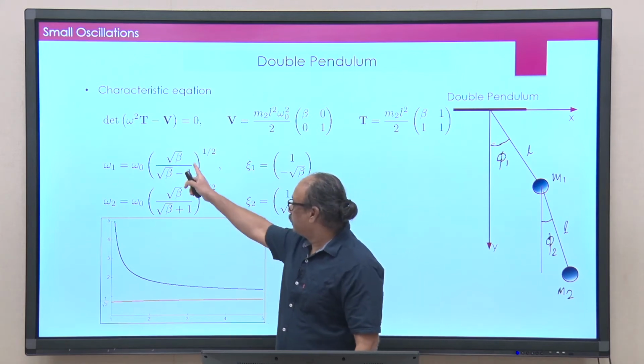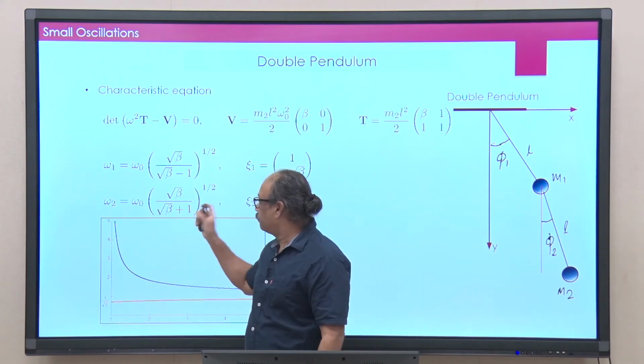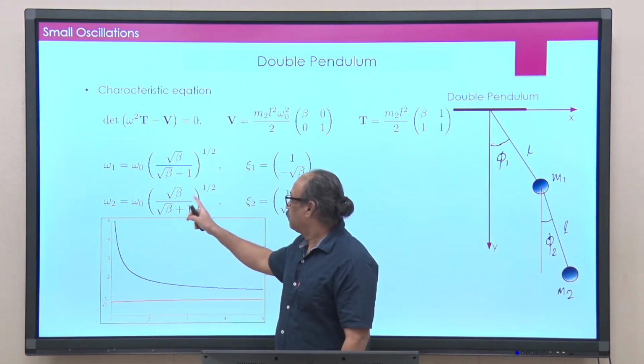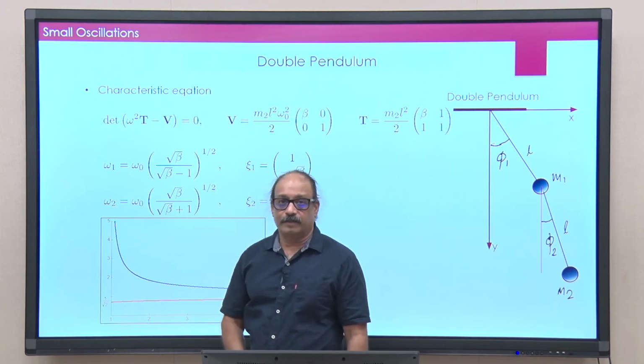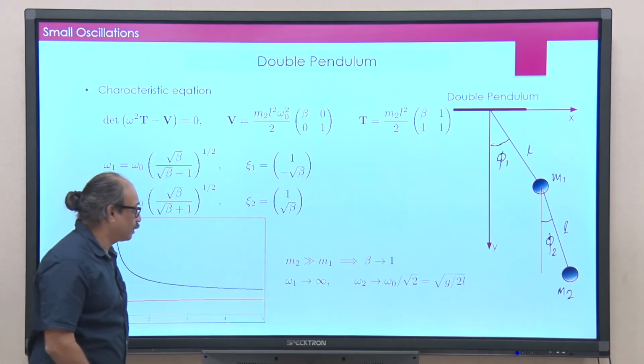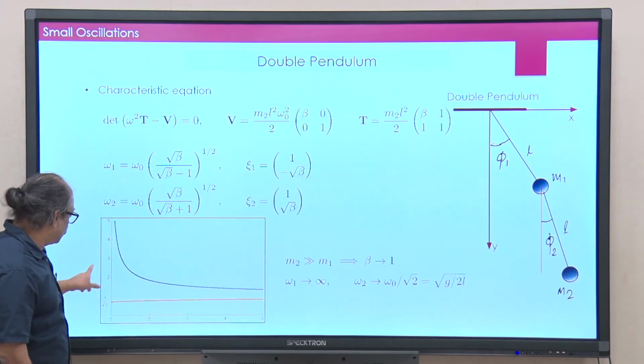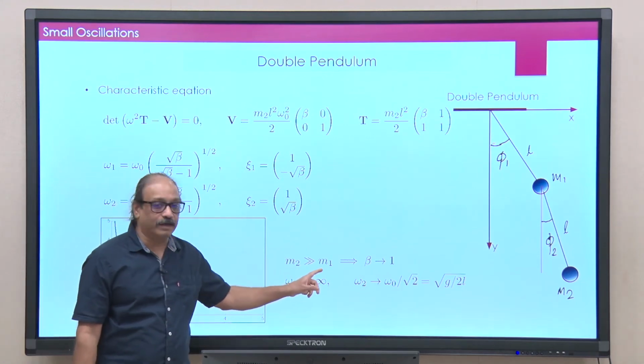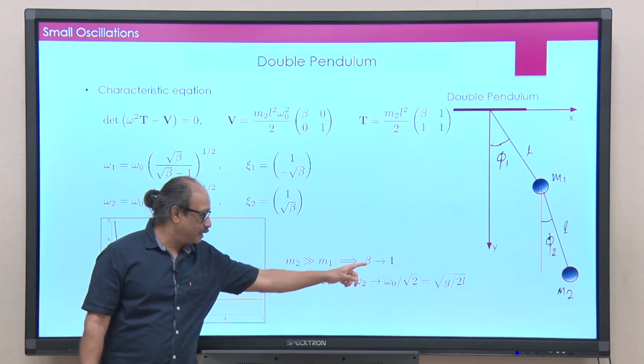Okay. So, omega 1 will become infinite, and what will happen to omega 2? Omega 2 basically, once beta becomes 1, will be omega 0 by square root 2. Okay. So, this is the region where m2 is far greater than m1 and beta becomes equal to 1.